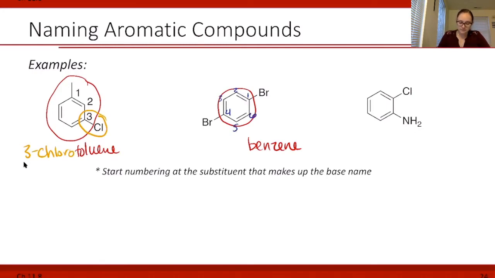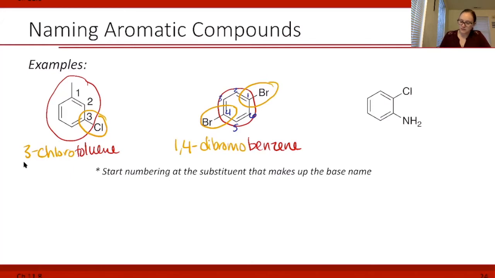And then I'm going to circle where our substituents are. We have 1 and 4. So our full name, we have 2 bromines, dibromo, and they're at the 1 and the 4. So 1,4-dibromobenzene is my final answer.